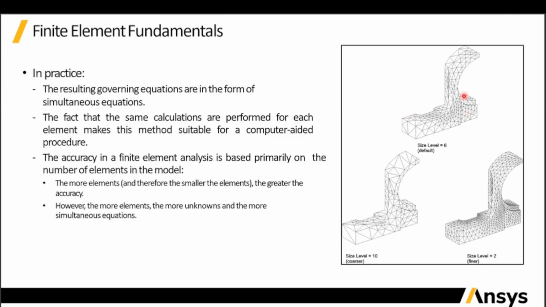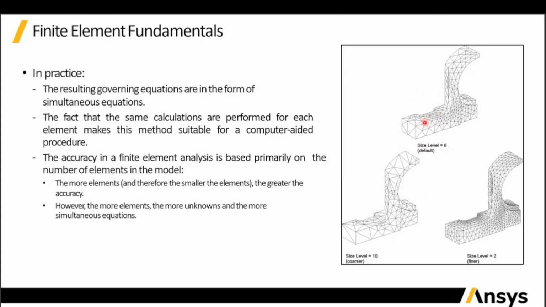Here at the right, you can see this is size level 6, which is the default. Whenever you start working on any model in an FEA solver, by default the software will generate some mesh. But I know I have to increase the number of elements to make my simulation more accurate.